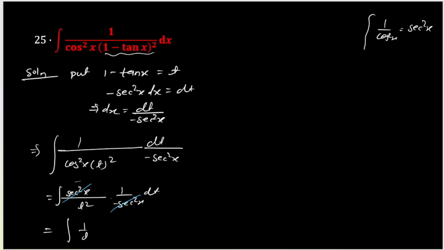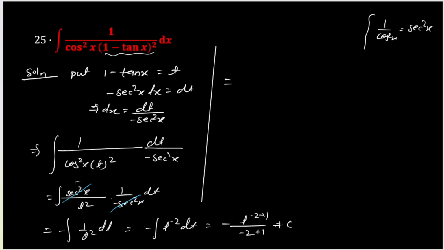The next step is the integral of dt by t², which is equal to minus the integration of t power minus 2 into dt, equal to minus t power minus 2 plus 1 by minus 2 plus 1, and this is equal to minus t power minus 1 by minus 1, which is t power minus 1, also written as 1 by t, plus c.